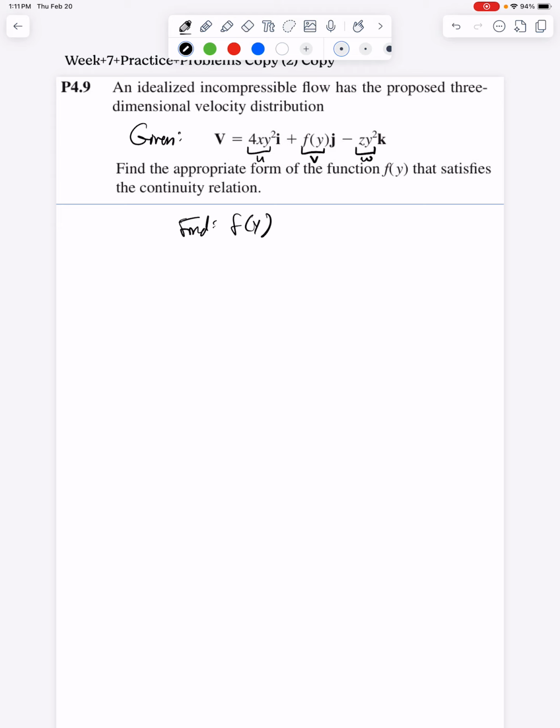If we look at your final exam equation sheet, there's a section for the Navier-Stokes equation and the continuity equation, and the continuity equation is as follows: the time derivative of density plus the divergence, the gradient dot product with rho times your velocity field, is equal to 0.